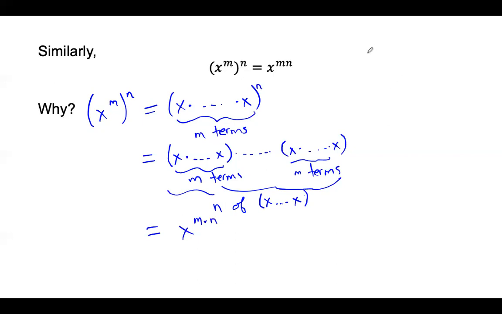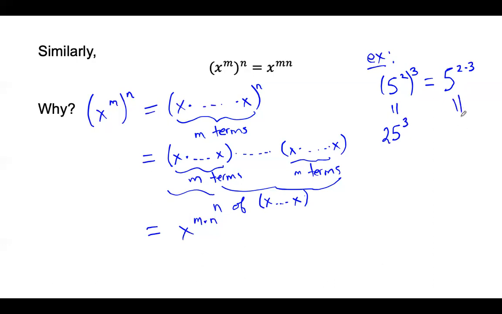So we could do a little example to the side here. Suppose we have 5 to the power 2 to the power 3. So this is going to be 5 to the power 2 times 3. And you could see, well, 5 to the power 2 is 25, to the power 3.